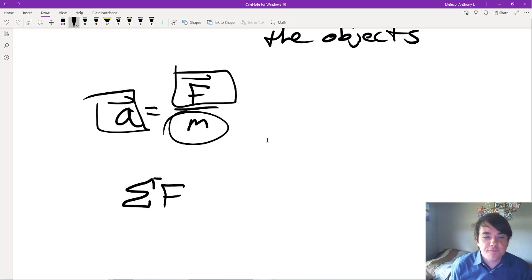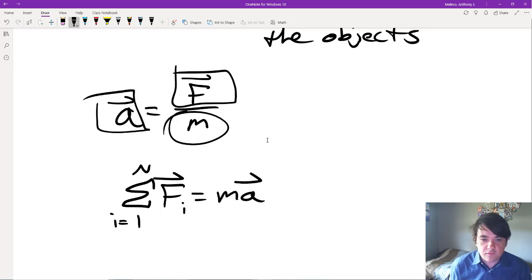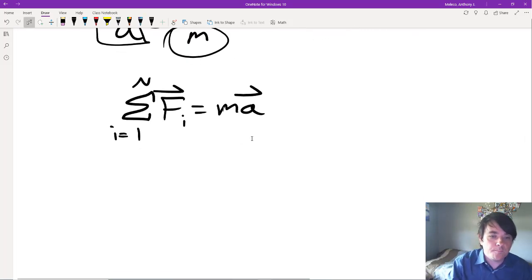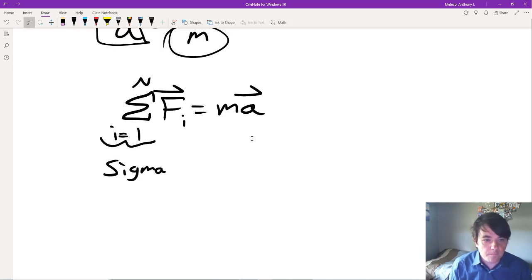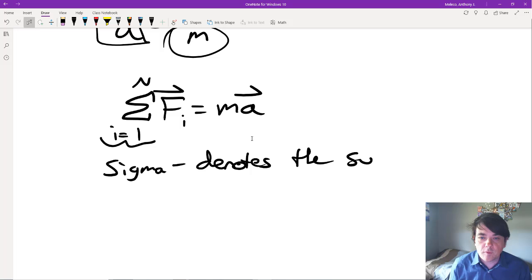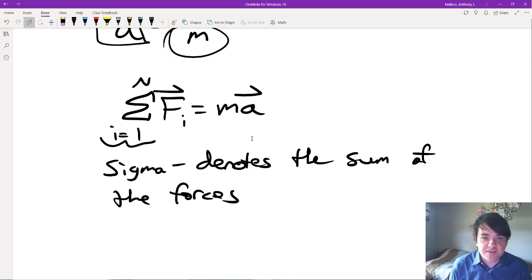This is more famously written as this, okay? This right here is sigma, and this denotes the sum of the forces. So this means that this would have i number of forces, okay?